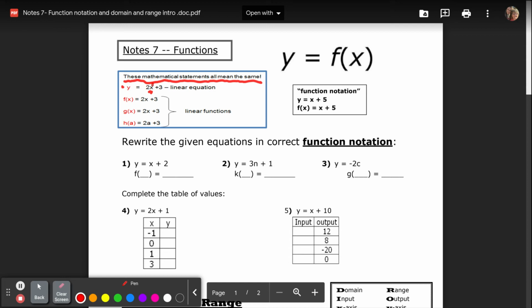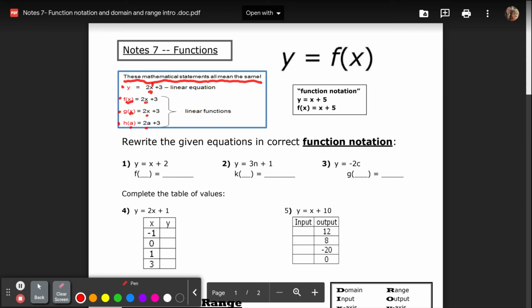Now, other ways that you can see this linear function written could be f of x equals 2x plus 3, g of x equals 2x plus 3, h of a equals 2a plus 3. Whatever variable is in parentheses, that's the variable that needs to be in the expression to the right of the equal sign.